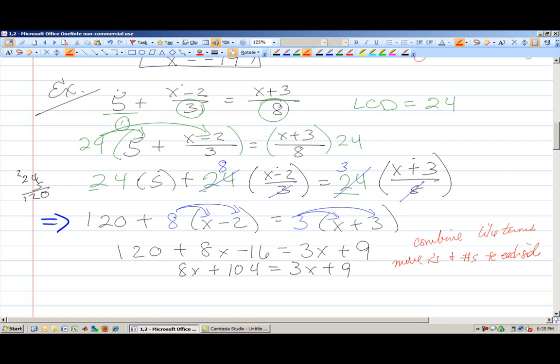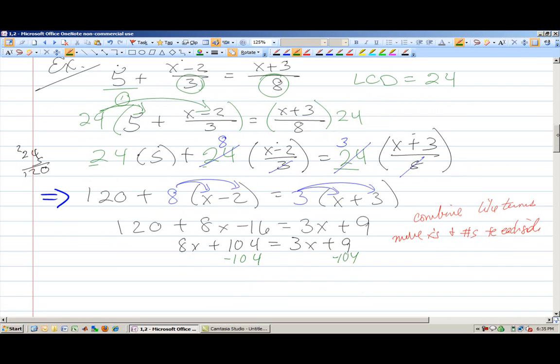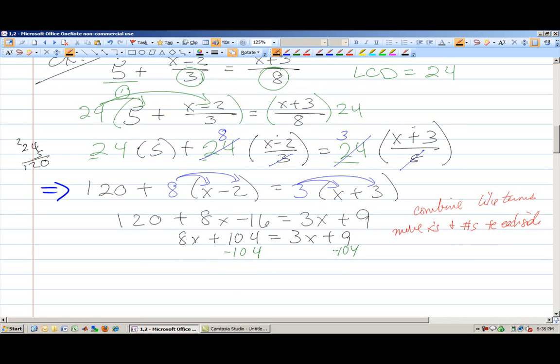So I want to move my 104 over, so I'll subtract on both sides, leaving me with 8x equals 3x minus 95. Now I want to get all my x's to the other side, so I'll subtract 3x on both sides, and that gets me 5x equals negative 95.